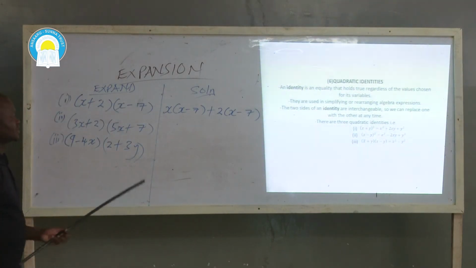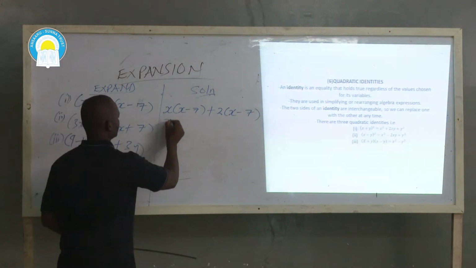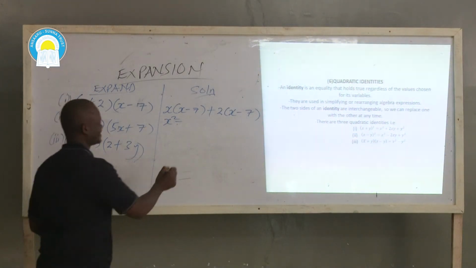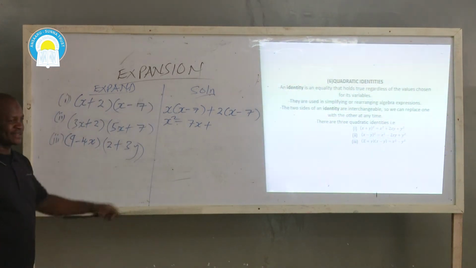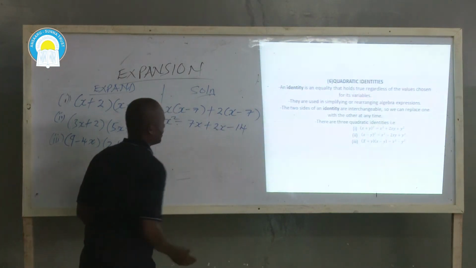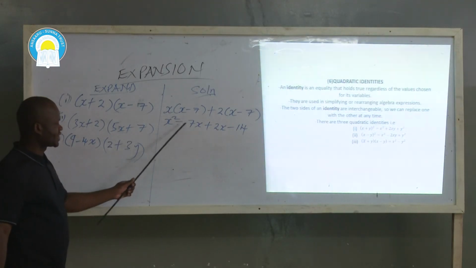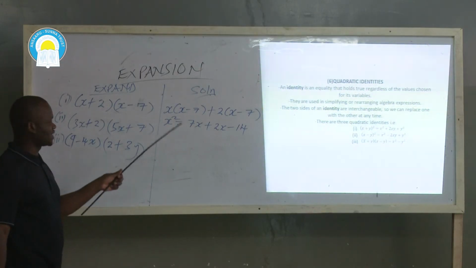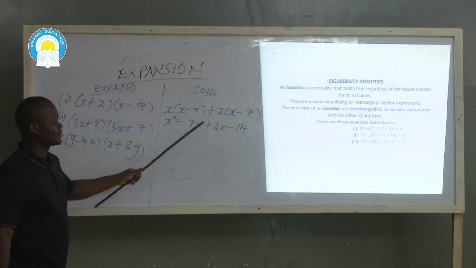Then we proceed. So x by x will give us what? x squared. Then x by 7, minus 7x. Then 2 by x, 2x, minus 14. Now identify the like terms, that is negative 7x plus 2x. Here the issue of integers will be tested, so having an issue with integers can give you a problem in how you finish this.